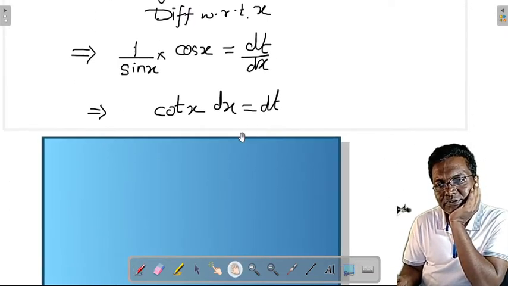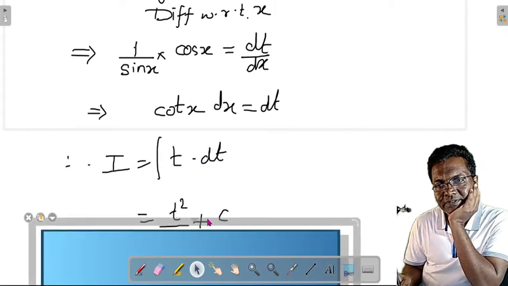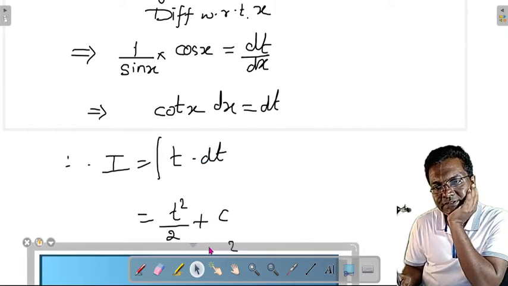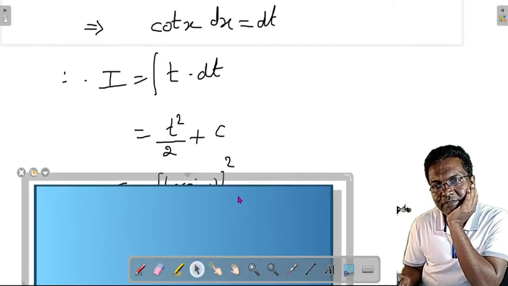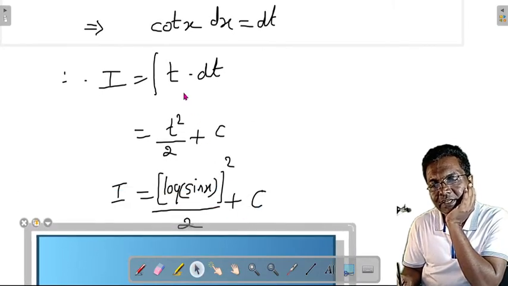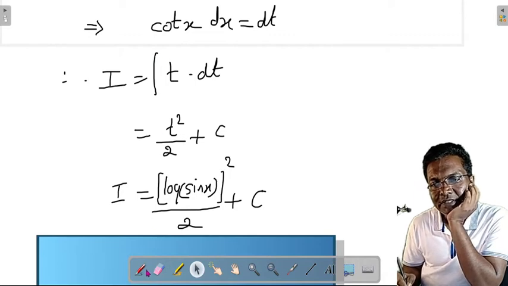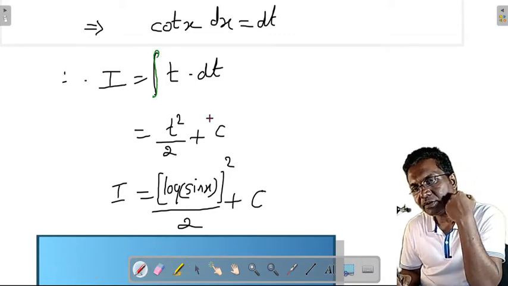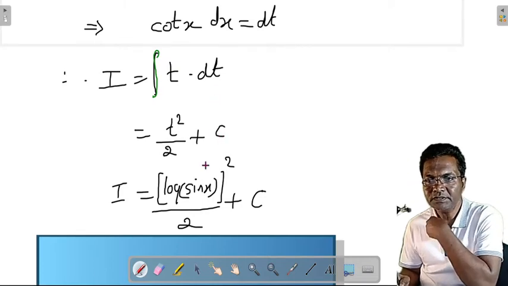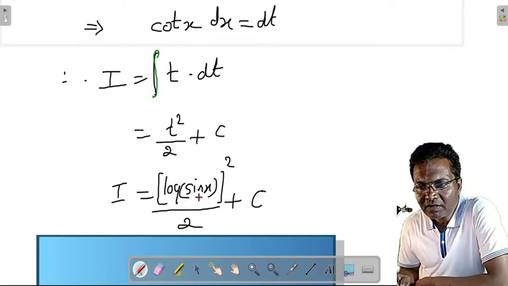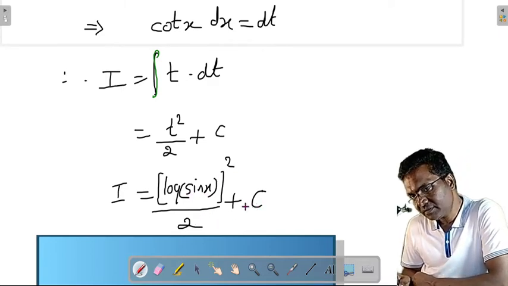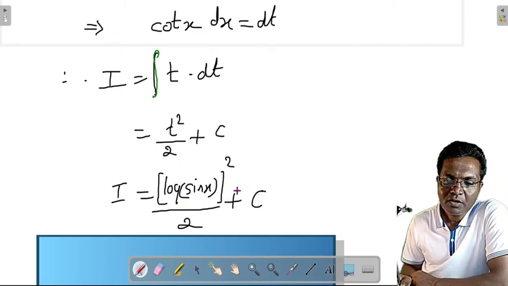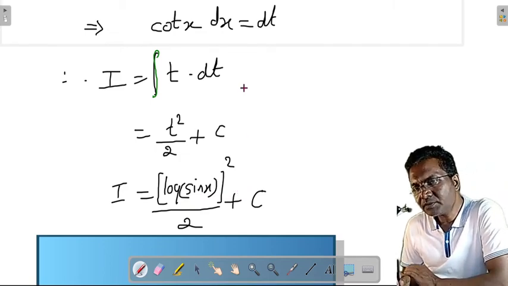So I becomes integration t dt, and as I mentioned, the integration of t is t square by 2 plus c, and t you have taken as log sin x, so it is log of sin x whole square by 2 plus c. Very simple. The only thing is that the correct substitution has to be done.